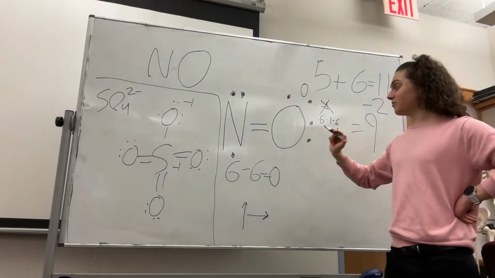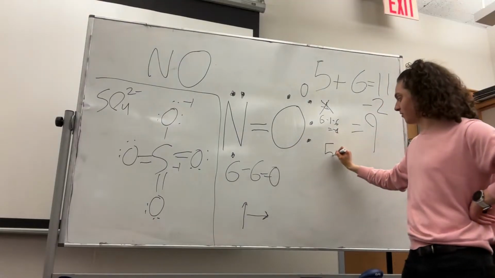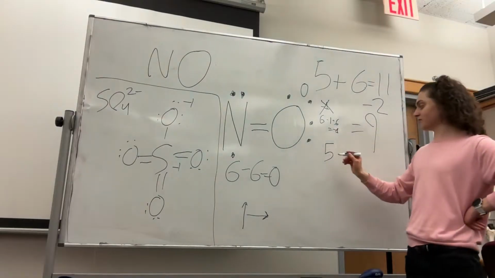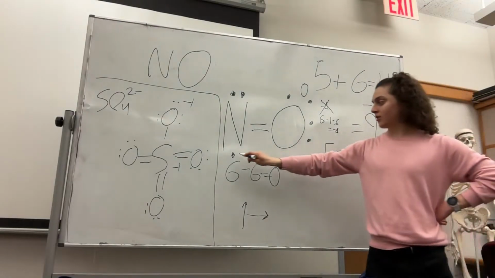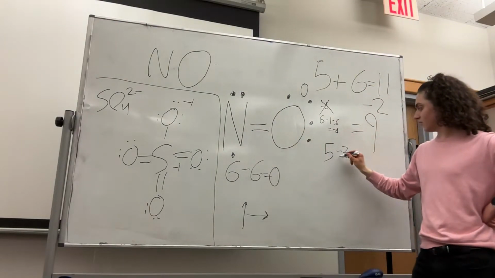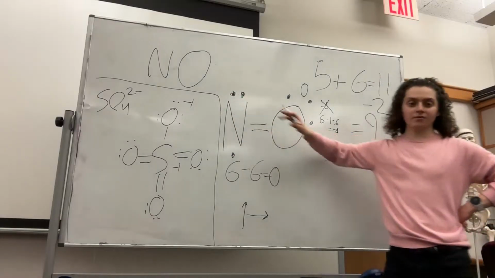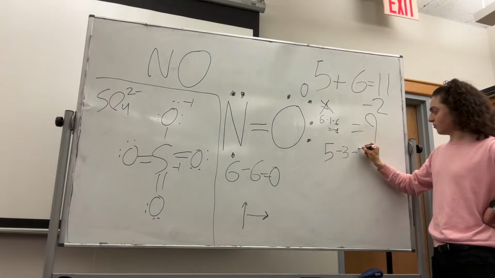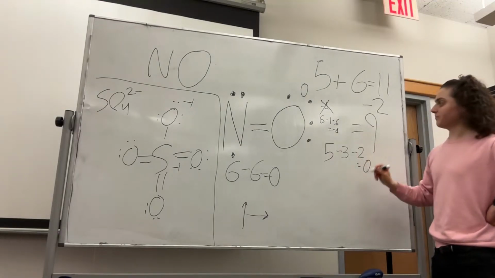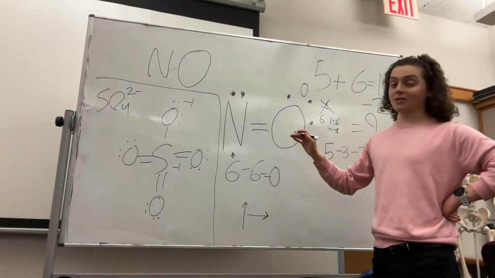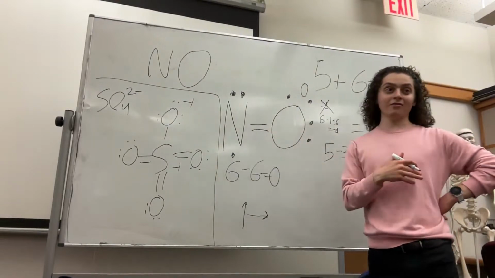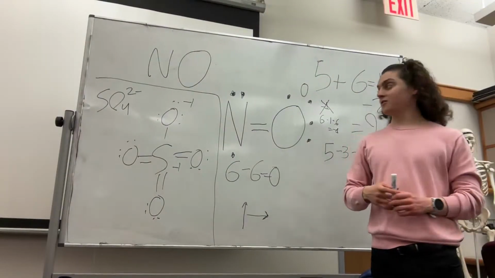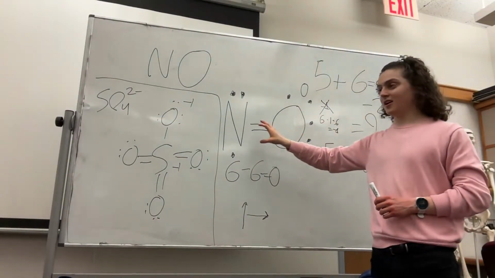But if we do the formal charge, nitrogen on the periodic table is number 5, right before oxygen, minus 3 lone electrons, plus that extra electron, minus 2 bonds, which is 0. So as problematic as it is that nitrogen doesn't have an octet here, at least it doesn't have any formal charge. This situation is called a free radical.